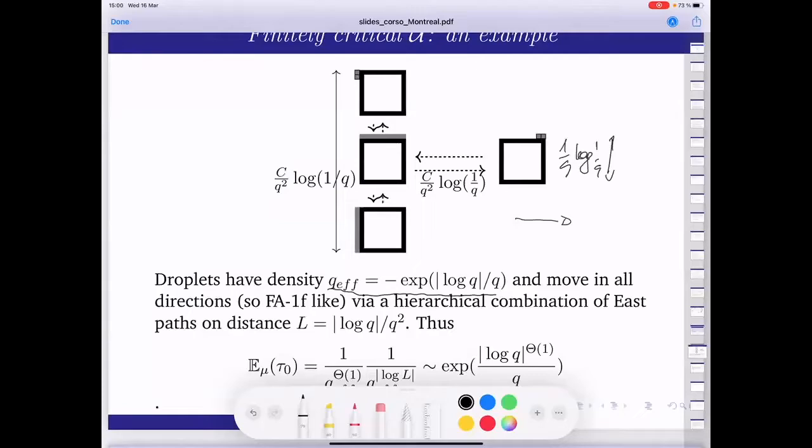Say we want to move in another direction, say in the vertical direction. This droplet cannot move immediately in the vertical direction, because typically, if I am on the site 1 over q log 1 over q, I draw a square here, it's not the column, I won't find the 2 empty sites which are needed to move in the vertical direction.